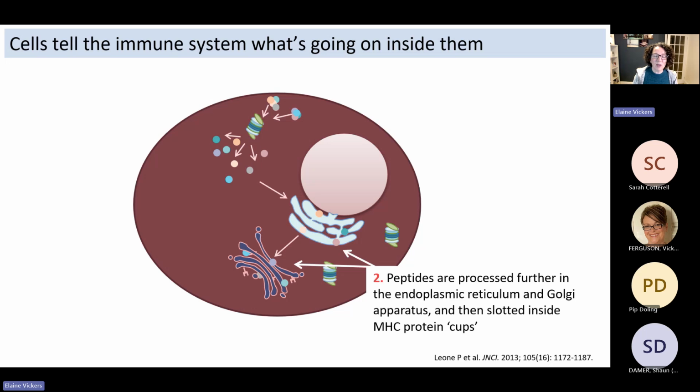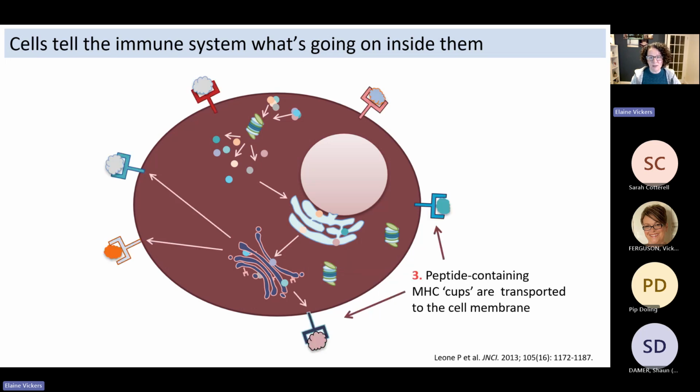And in order to display all these little fragments on its surface, it produces tiny protein cups. And these tiny protein cups are called the MHC proteins. So when a cell is recycling proteins and destroying them, some of the fragments get trimmed to the right length, get inserted inside these protein cups, and get moved to the cell surface.